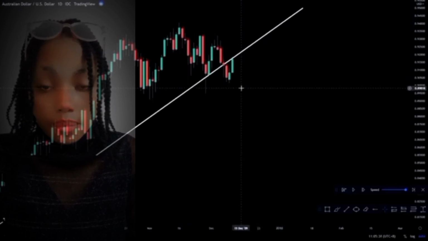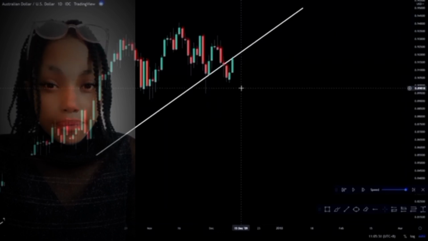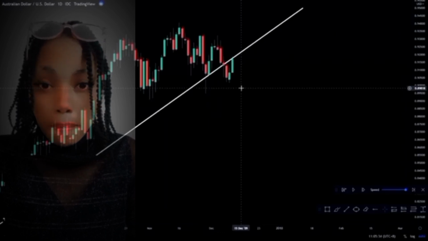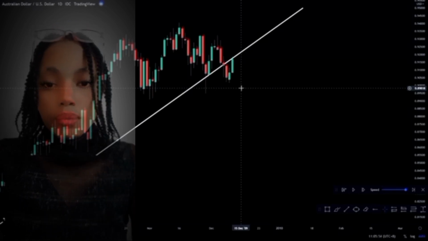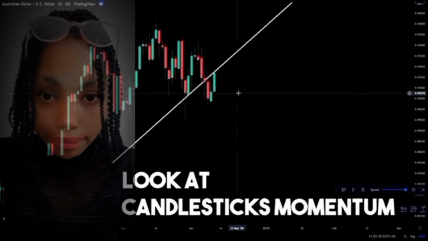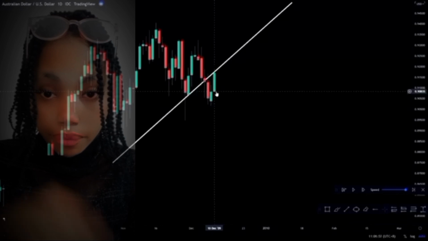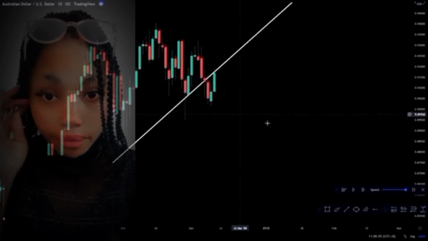We want to wait for price to show us lower highs and lower lows to show us that the buyers are losing steam and this uptrend is going to end. We can do that by looking at the candlestick momentum. So you want to see green candlesticks getting smaller and smaller and the red candlesticks getting bigger and bigger.